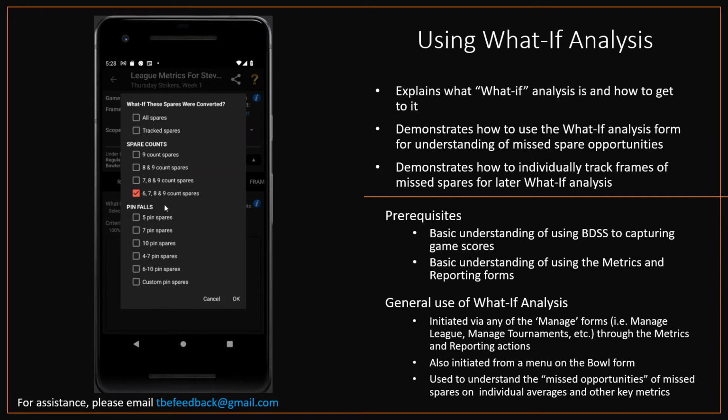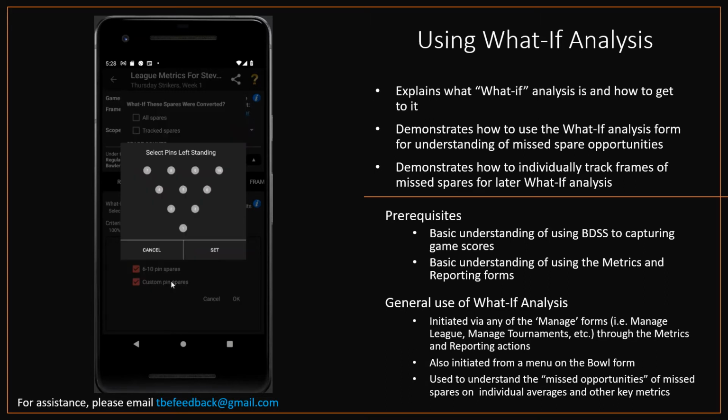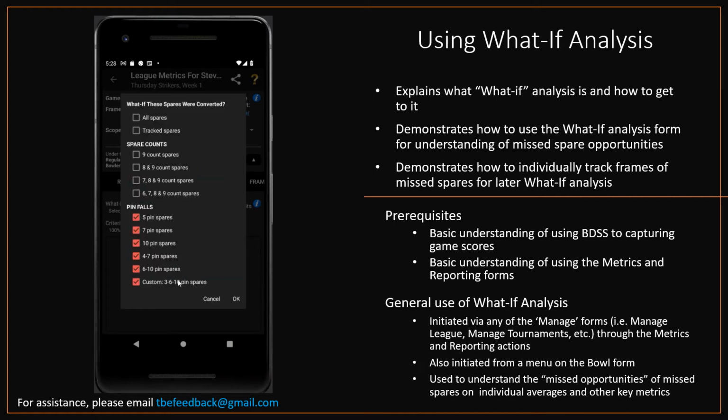This says perform what-if analysis for any missed spares where a 5 pin was left, or a 7 pin was left, or a 10 pin was left, or a 4-7 was left, or a 6-10 pin was left, or you can select a custom pin selection. For example, I'll choose the 3-6-10 and click Set. And as you can see, you can choose multiple selections in the pinfall group. For the sake of this demonstration, I'm just going to select all spares and click OK.